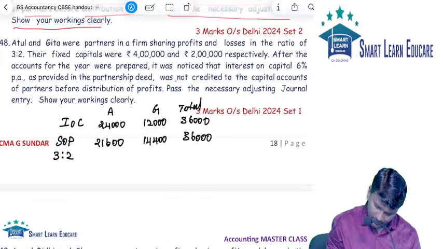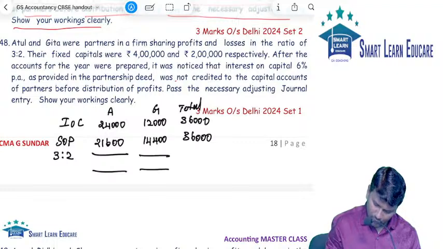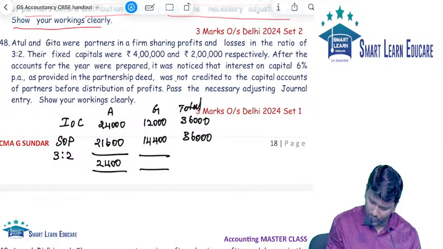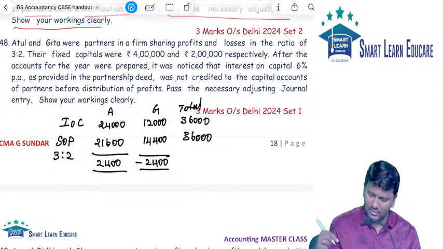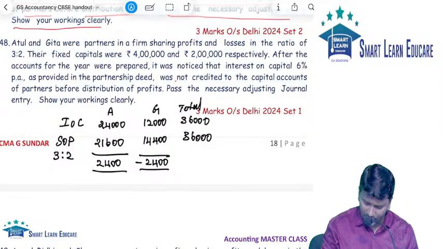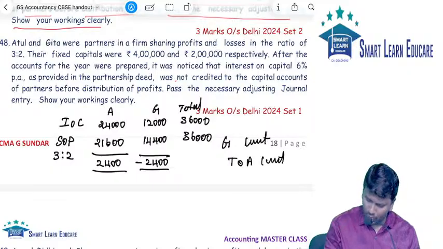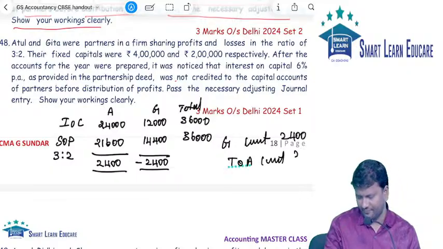Net impact you should pass: 24,000 minus 21,600 will give you 2,400. 12,000 minus 14,400 will give you minus 2,400. So the partner who is having minus, that partner's capital should be debited. Journal entry: G current account debit to A current account, 2,400. That's all.